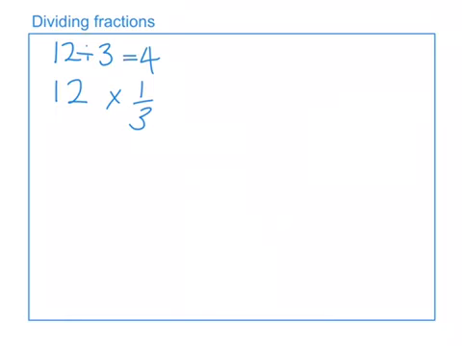So 12 multiplied by a third is going to end up as 12 over 3, which I could simplify to become 4. So again, you can see how it's this inverting these numbers. We had 3, the reciprocal of 3, or inverting it, turning it upside down, becomes 1/3. So we can turn our fractions upside down and then just multiply.